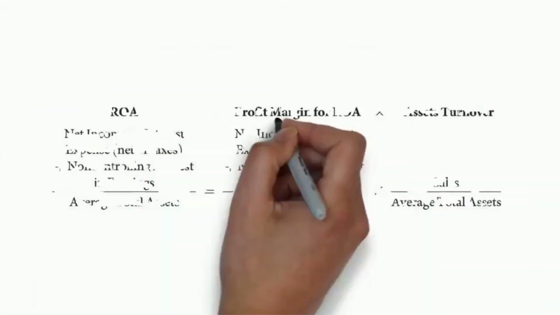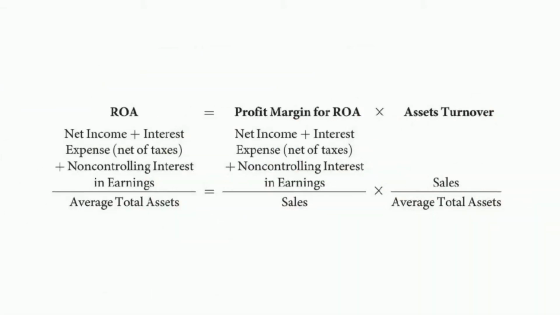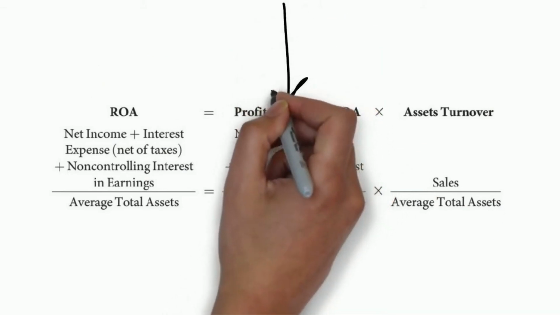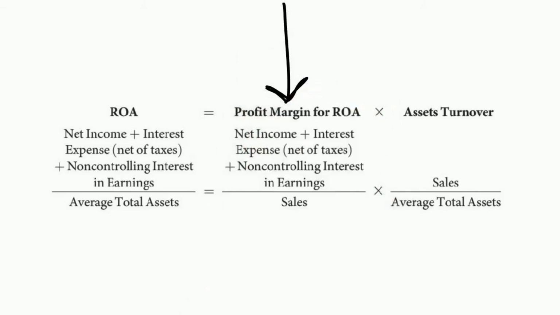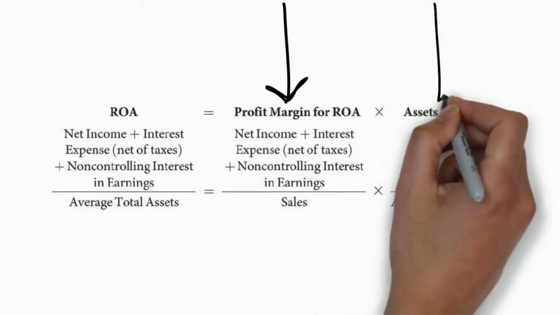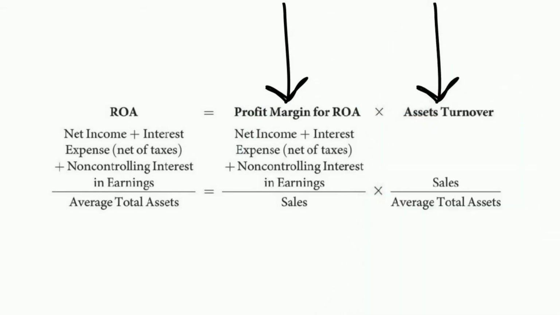One can obtain further insight into the behavior of ROA by disaggregating it into profit margin for ROA and asset turnover components, as shown in the following equation. The profit margin for ROA indicates the ability of a firm to utilize its assets to generate earnings for a particular level of sales. Asset turnover indicates the ability to generate sales from a particular level of investment in assets.